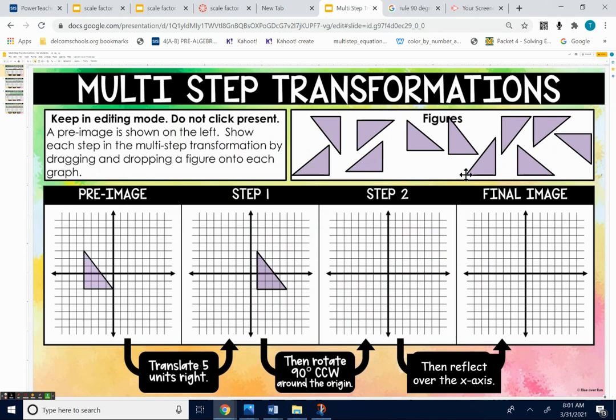So I'm going to have to take this shape here. I want it to cover negative 3, 1. We're kind of tricky this slide.